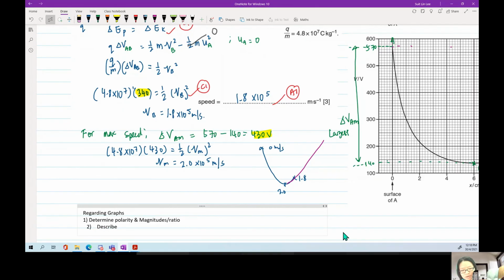Describe acceleration, motion, speed or force on a charged particle between two charged spheres.